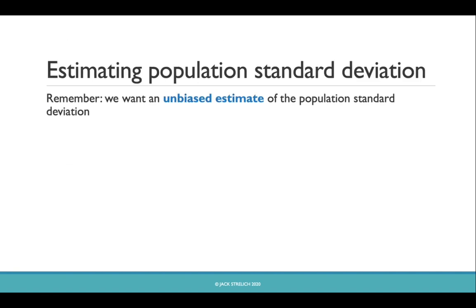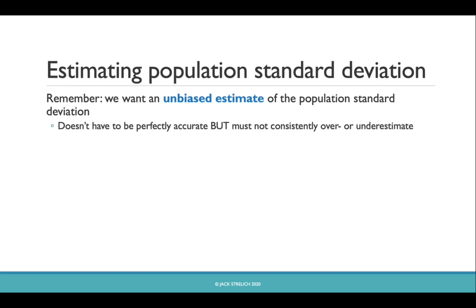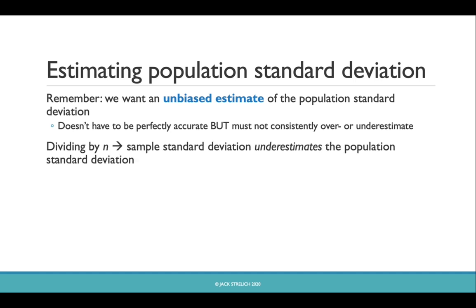Remember that we want an unbiased estimate of the population standard deviation. It doesn't have to be perfectly accurate, but it must not consistently over or underestimate the population parameter. Dividing by n would mean that our sample standard deviation would consistently underestimate the population standard deviation.